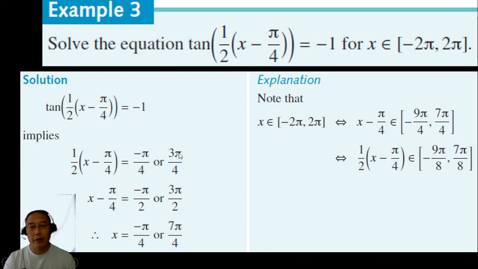Then we add pi to get the solution in the third quadrant, and we rearrange the formulas to make x the subject respectively, and we get those two solutions. Again, verify that those solutions are within this interval.